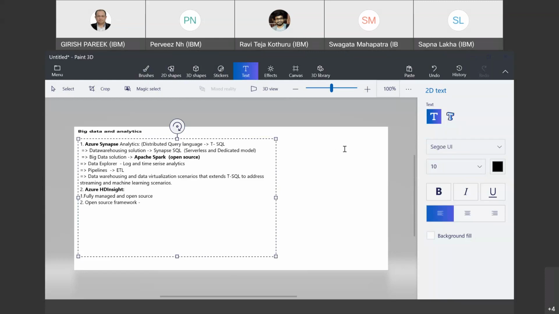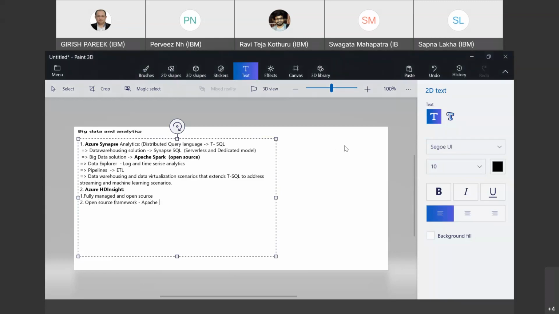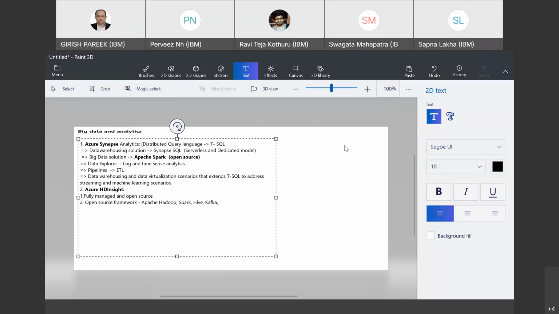It supports Apache Hadoop. It supports Spark, which is Apache Spark. It supports Hive. It supports Kafka. Likewise, it supports many.